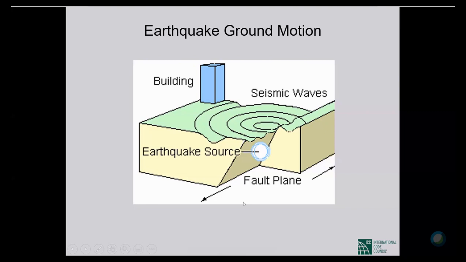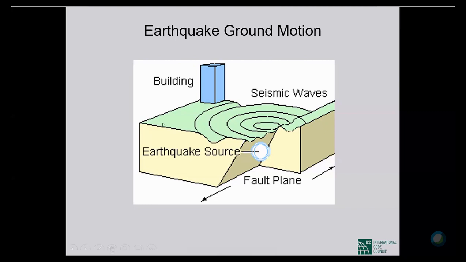The precise location of the rupture is called the focus of the earthquake. The point vertically above the focus on the surface of the earth is called the epicenter. You will hear a lot about the epicenter of earthquakes. So that's a point on the surface that is vertically above the focus, which is where the fault rupture originates.